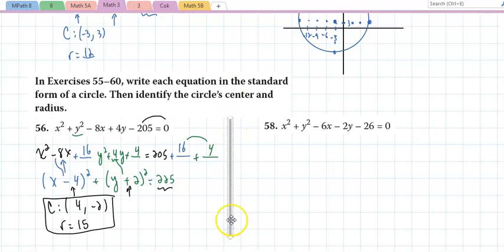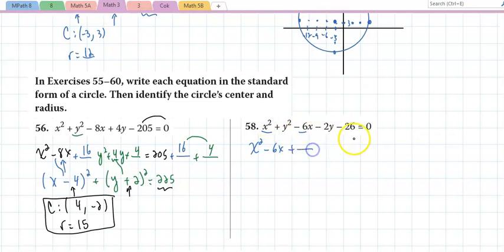So here, the same deal. I would take the x's and put those together, x squared minus 6x, and I'm going to add a number. Plus, I'm going to get the y's together, y squared minus 2y, and I'm going to add a number.